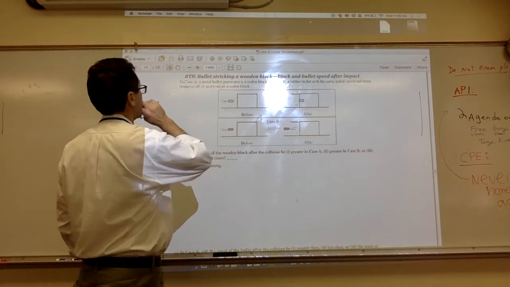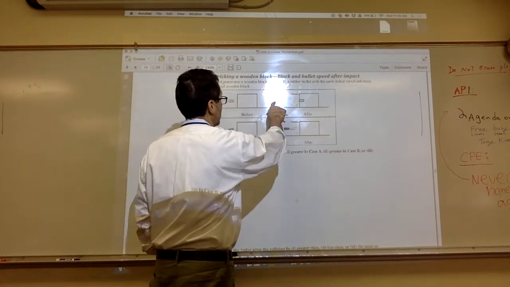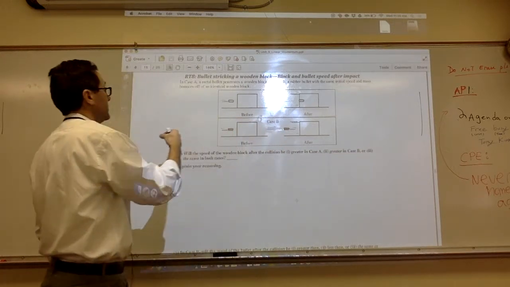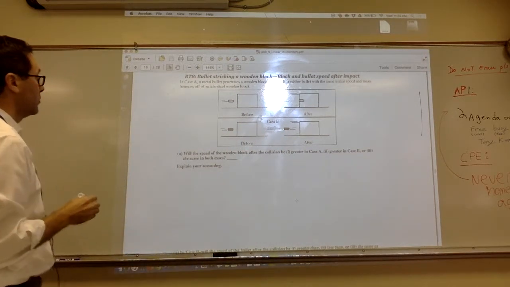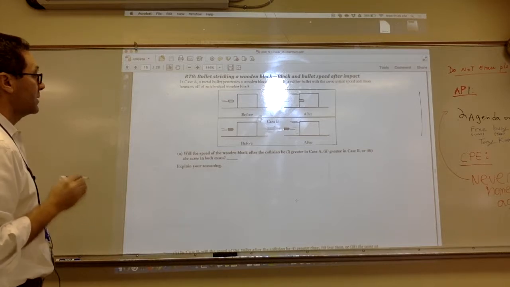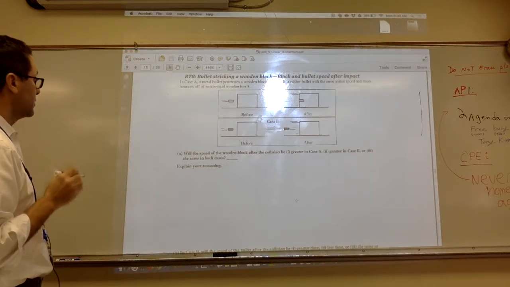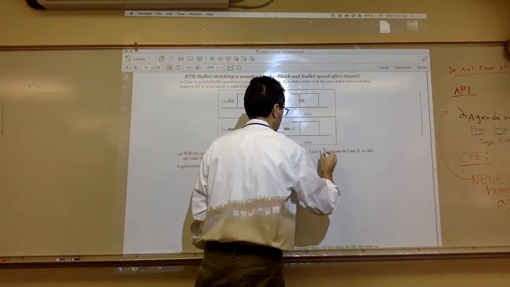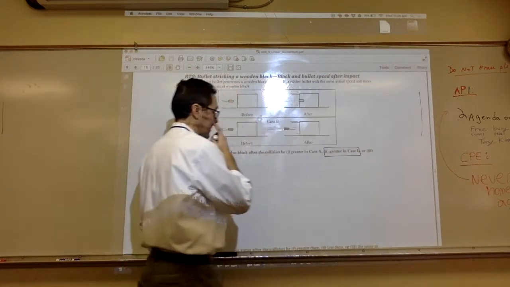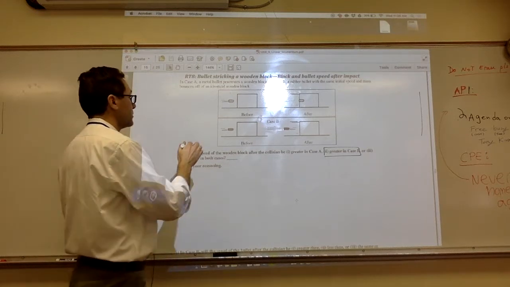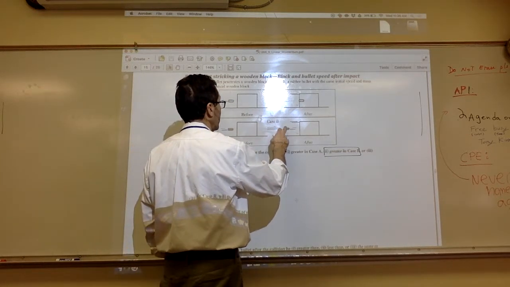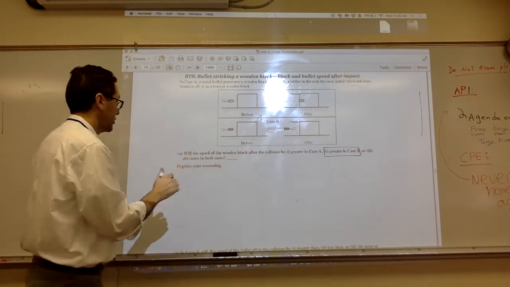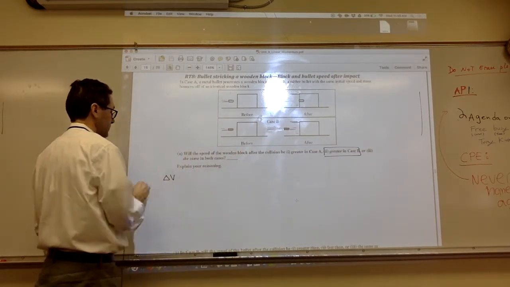Okay, for this one here, you have a bullet that's going to go through this piece of wood, and you have a bullet here, in this case, that's going to bounce. Will the speed of the wooden block after the collision be greater in case A, greater in case B, or the same in both cases? All right, it's going to be greater in case B, and we can look at this 2 different ways. The bullet, when it bounces, experiences a bigger change in velocity, right?